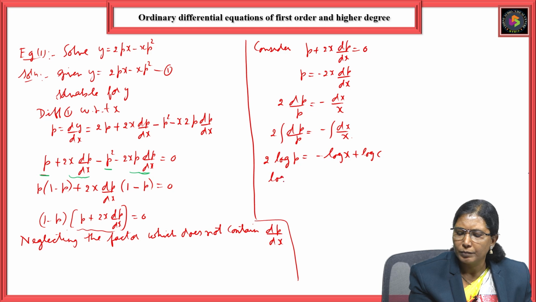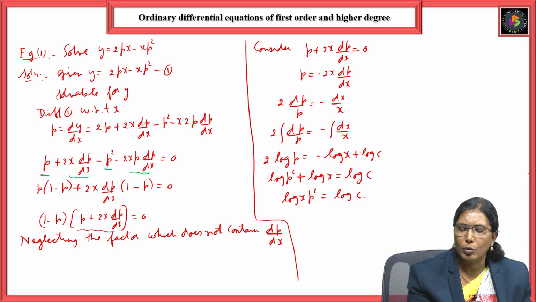So log p square is equal to, taking this to the LHS, log x plus log p square is equal to log c. Log a plus log b is nothing but log ab. So log x p square is equal to log c. Removing log on both sides, we get x p square is equal to c. So this implies p square is equal to c by x.